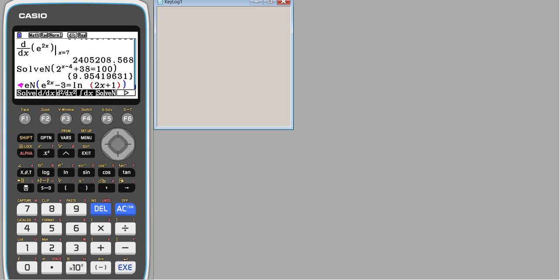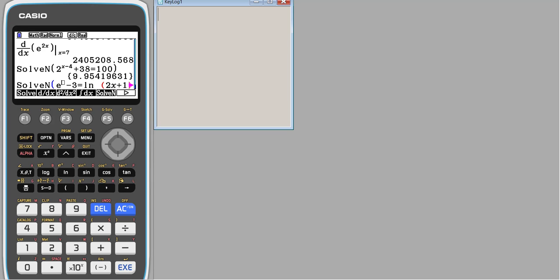I've got to make sure I use the x key on here. Solve that numerically, and I've got a syntax error because I mucked around with my keyboard. I suspect it's the e that's not being accepted. I'll check the log function, that's not it. So I'm going to delete that e and use the actual e key on here.